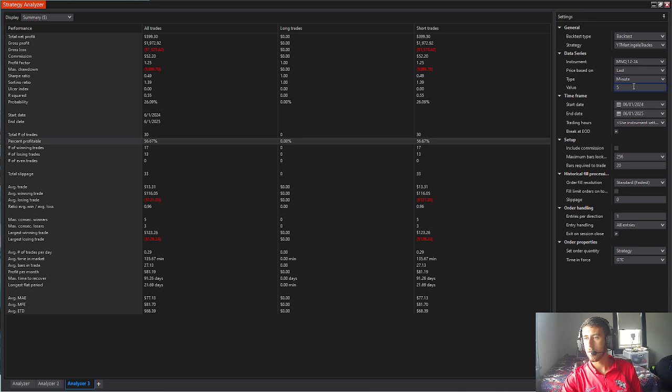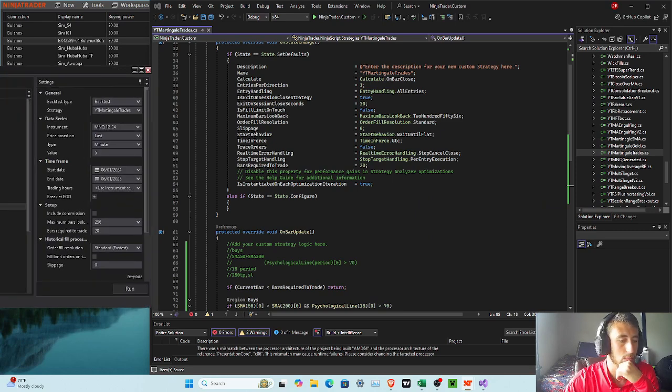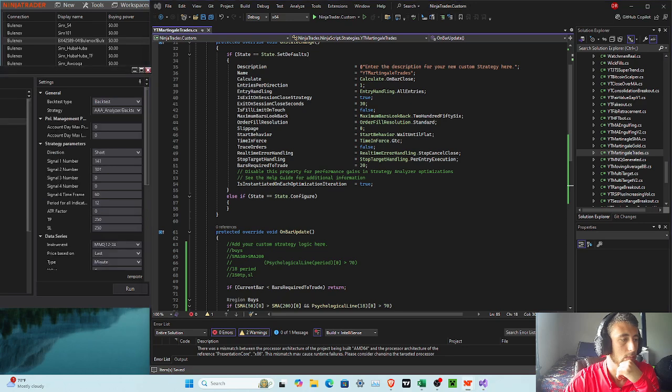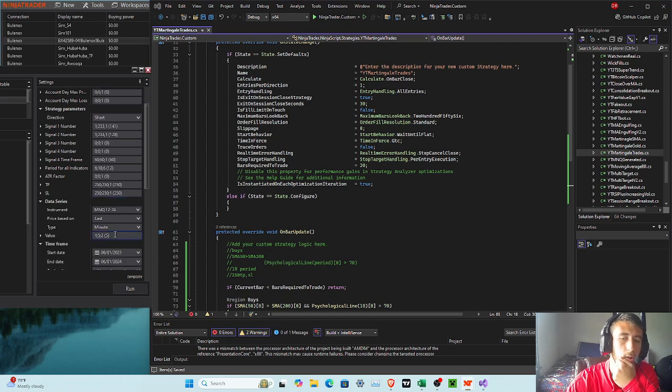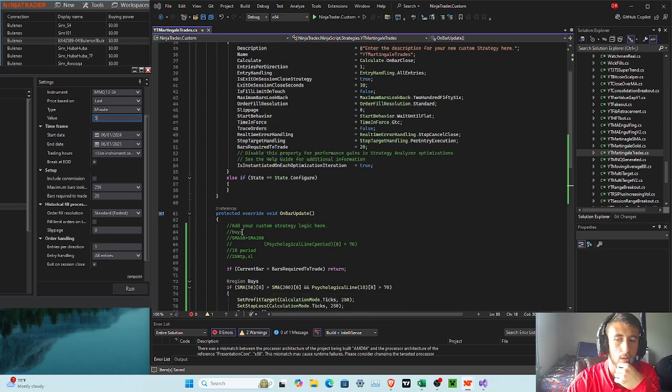Martingale trades. Oh shoot. Darn it, I forgot to keep track of what the period was. So for the sells is 5.